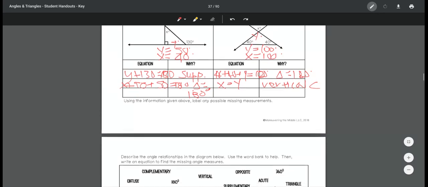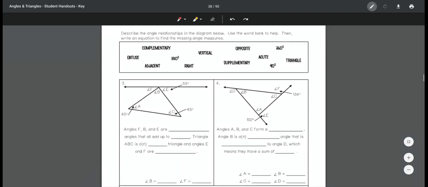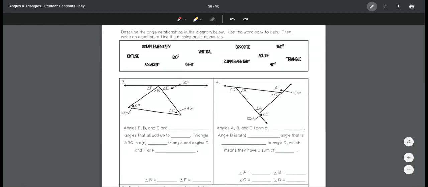So we are moving on, and on our next page and on your slides, it asks us to describe the angle relationships in the diagram below, using the word bank to help, then write an equation to find the missing angle measures. So we're going to figure out which of these is the best to put in these blanks, and describe them using mathematical vocabulary.